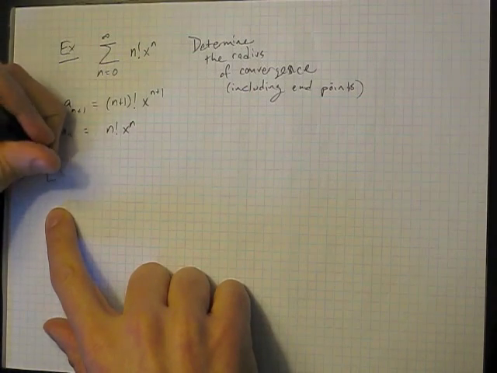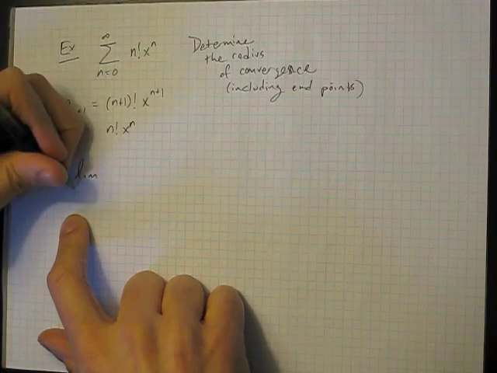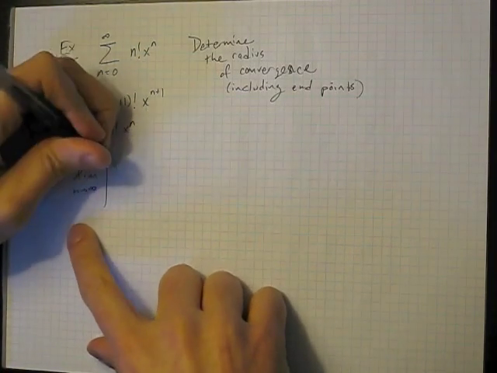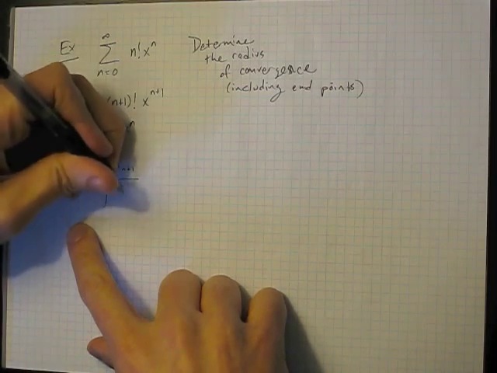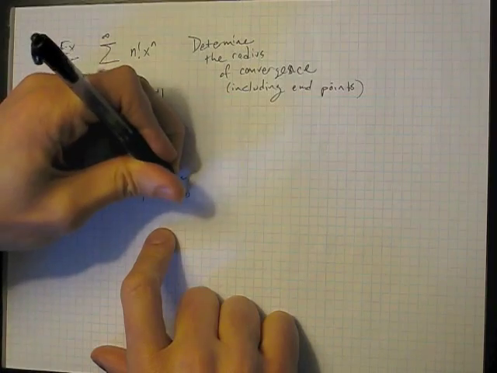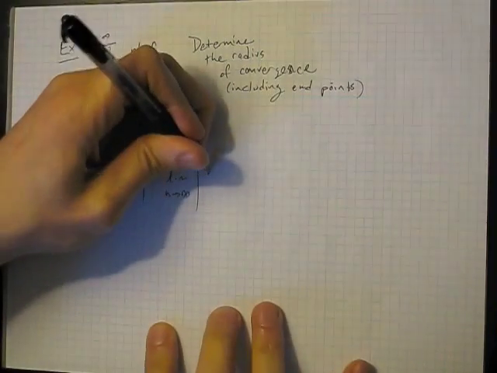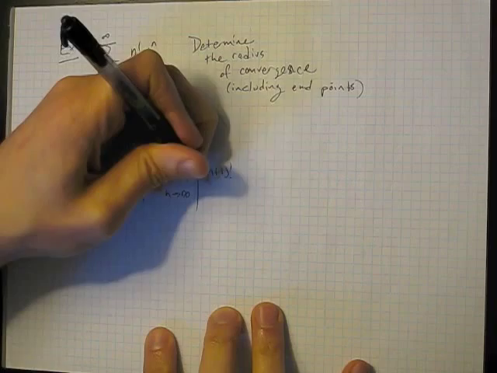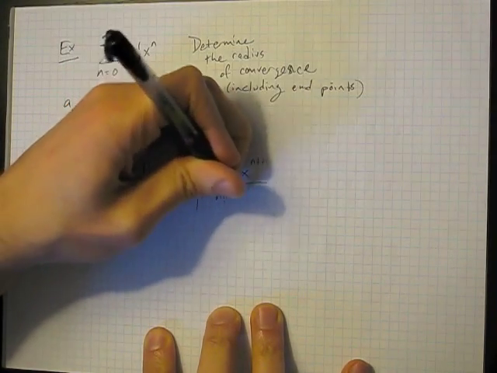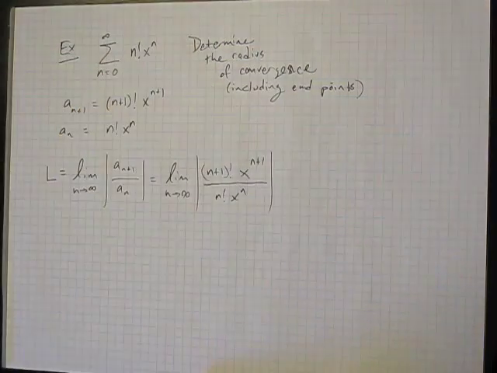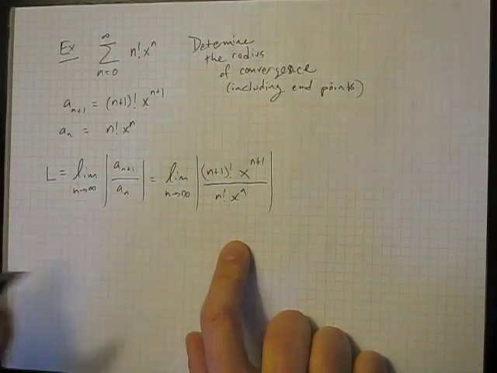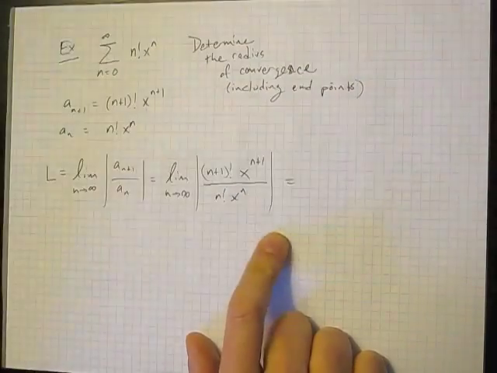And so L, which is the limit of the absolute value of the n plus 1 term over the n term, is, so here we get n plus 1 factorial times x to the n plus 1 over n factorial times x to the n, like this. Now, we get some canceling here, and so let's take care of that.